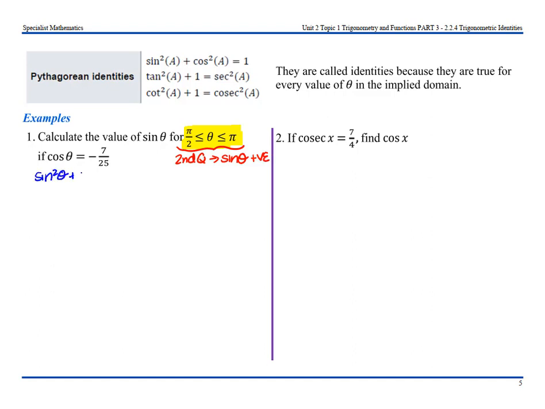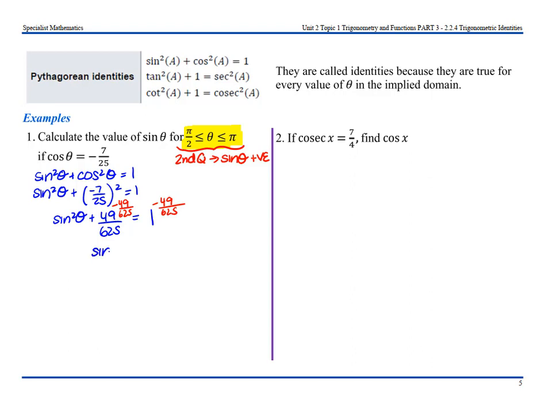Sine squared theta plus cos squared theta equals 1. Plug in our value for cos, so plus negative 7 over 25, squared, equals 1. So sine squared theta plus 49 over 625 has to equal 1. We minus 49 over 625 from both sides.